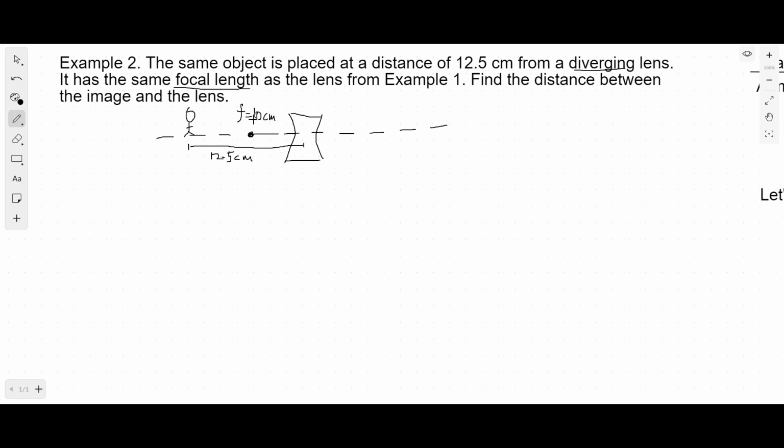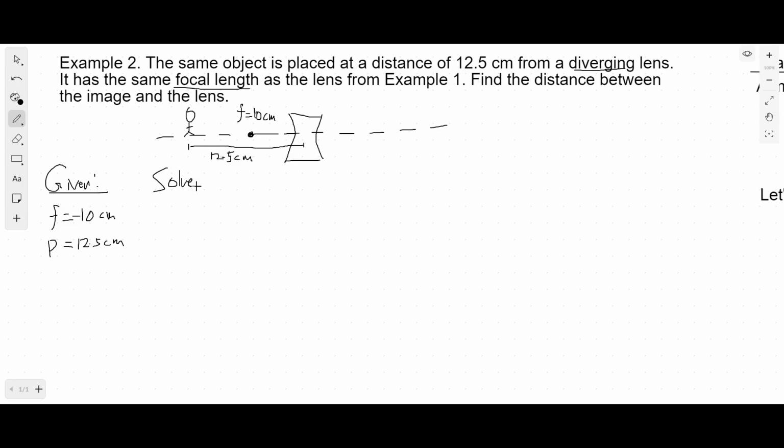Because it's to the left, when we put this number into our equation, we're going to put it in as a negative. So let's do our given list again. My f this time I'm going to write as negative 10 because it's a diverging lens and the focal length is behind, so we say negative. The object distance is 12.5 centimeters this time.